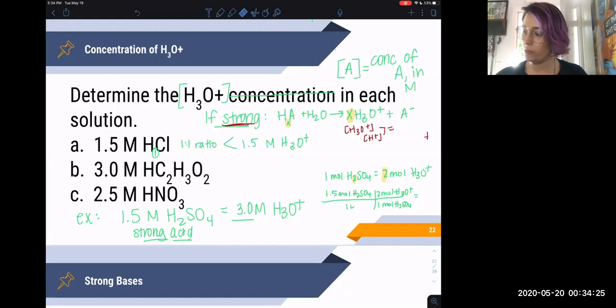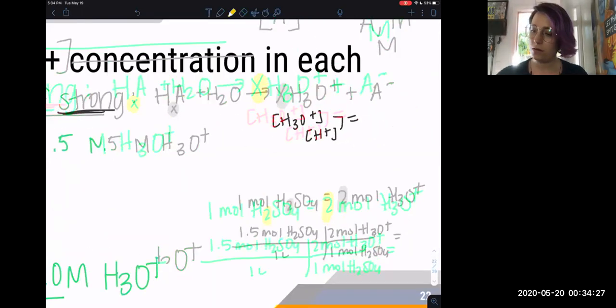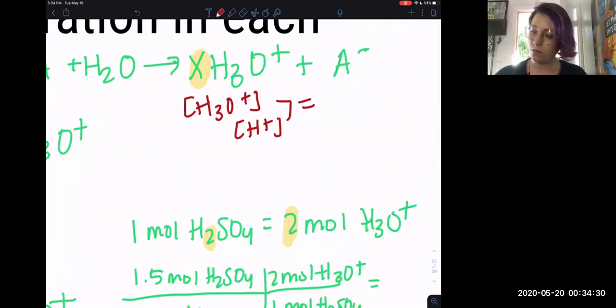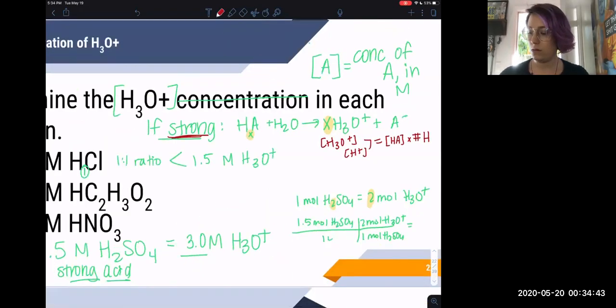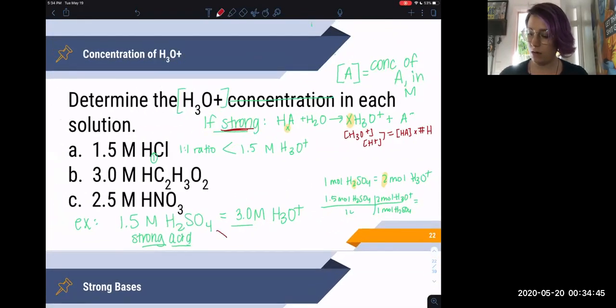Remember, these are the same thing: the concentration of hydronium equals the concentration of the acid times the number of H's. So you could just say 1.5 times 2 because there are 2 H's. I can say 1.5 times 1 because there's 1 H, if it's strong.